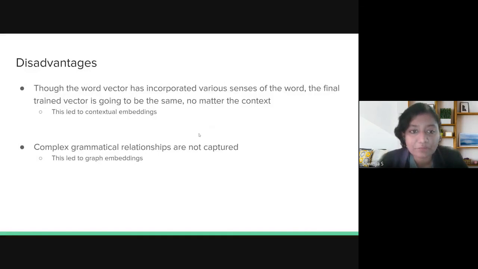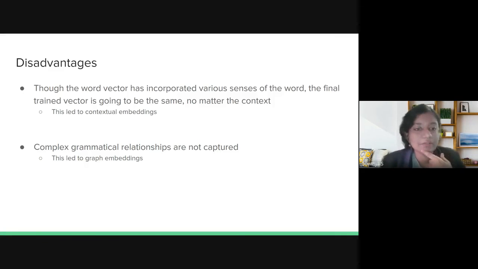Disadvantages: though the word vector has incorporated various senses, while training I have looked at various contexts and built the word vector model. But no matter that, when I see a word, there is going to be only one particular vector.